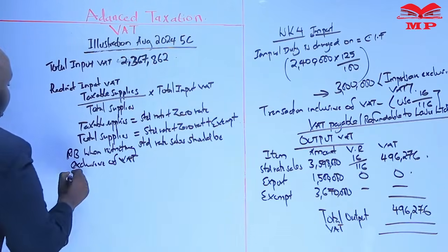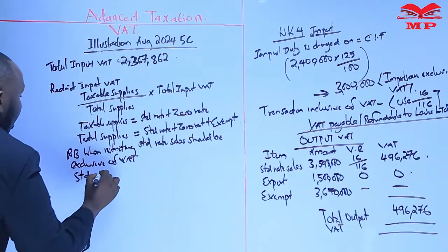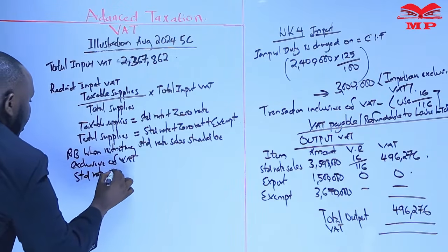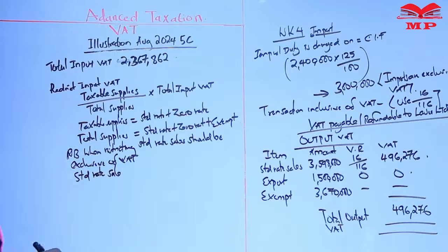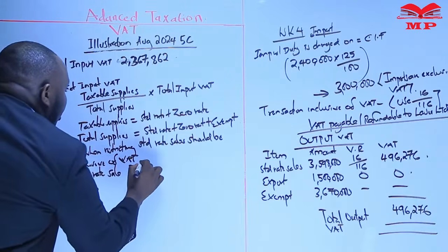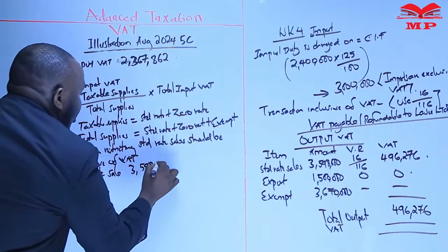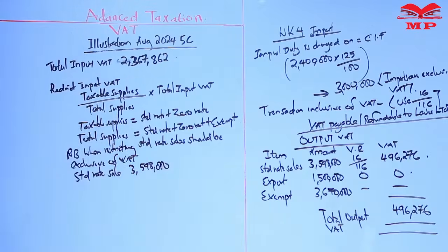So we have a figure of the standard rate cells. This is a figure of 3,598,000. Remember, this figure was inclusive of VAT.